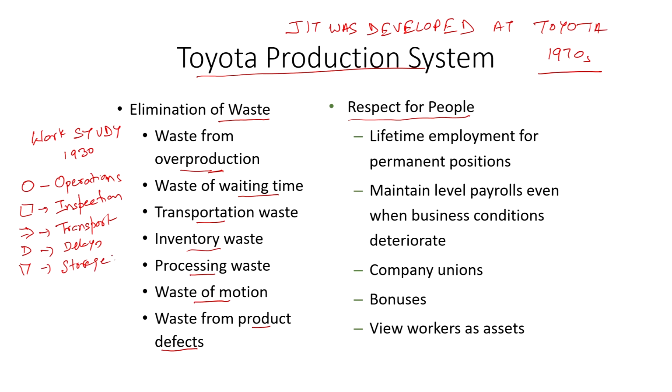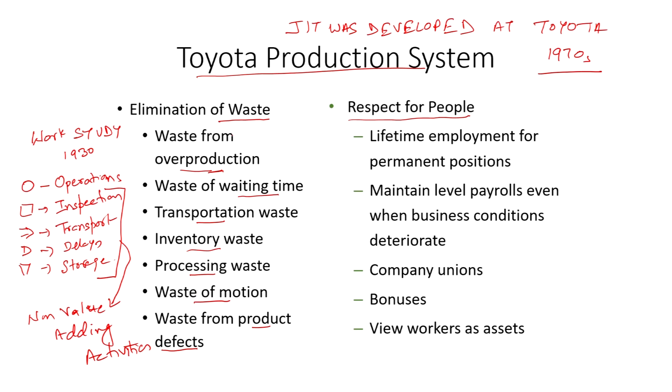So, the principles of method study say that operation is the only value added activity, and these are non value adding activities. So, these are the activities which do not add value, they only consume the resources.